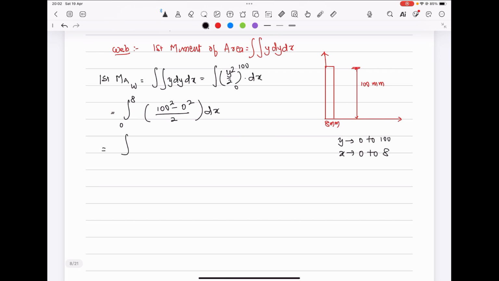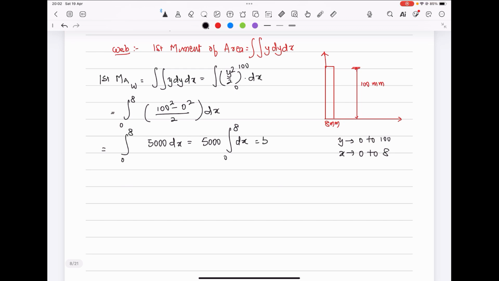That is equal to integral 0 to 8, 100 square by 2 is 5000. 100 square is 10,000. 10,000 by 2 is 5000. 0 by 2 is 0, dx. 5000 is a constant, we will take it out. Integral 0 to 8 dx. Integral of 1 dx is x.